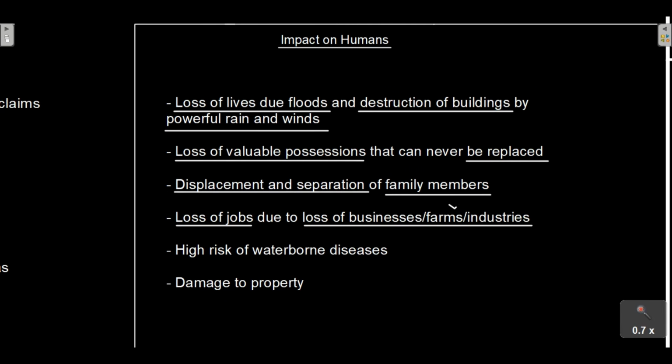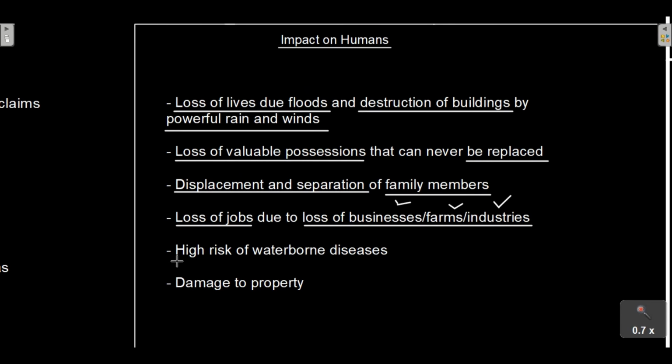Farms lose a lot as well. Industries where we process raw materials, they lose their buildings. And so that means that if the place where you used to work at is destroyed, then you lost a job. So people lose jobs, so a rise of unemployment occurs.